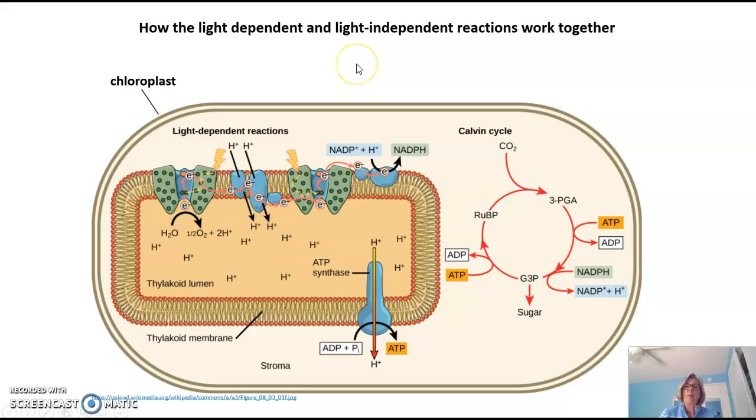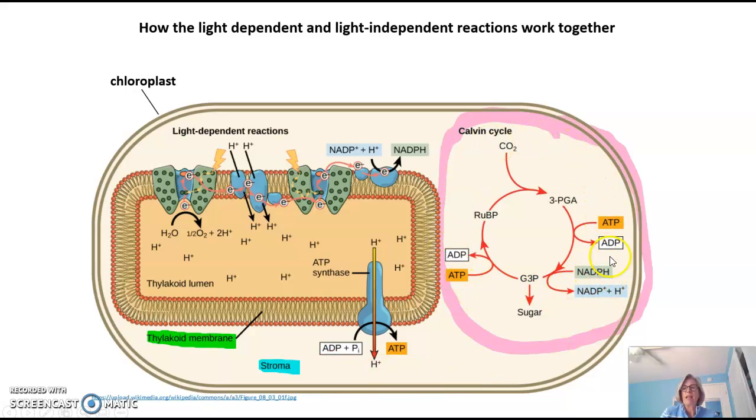So how do the light-dependent and light-independent reactions work together? Pictured here is a chloroplast with an exaggerated view of one thylakoid membrane, and this is the stroma. The thylakoid membrane is indicated here, and the stroma is the space that it is sitting in. The Calvin cycle or light-independent reactions occur in the stroma, and they use the NADPH, which is holding on to electrons that originally came from water.